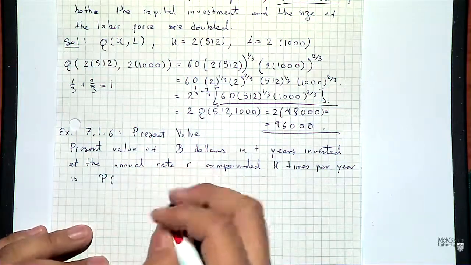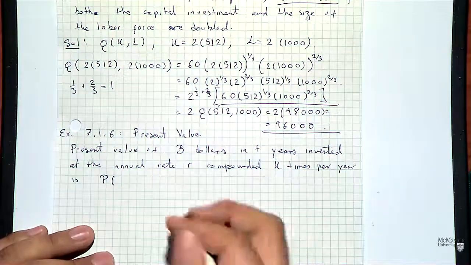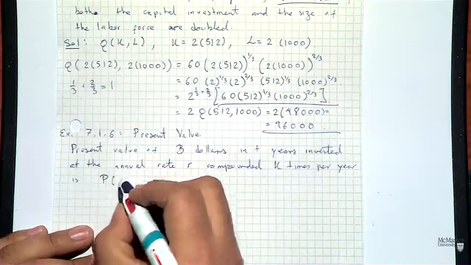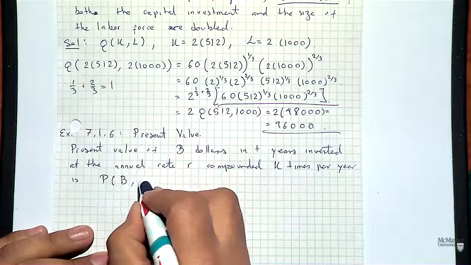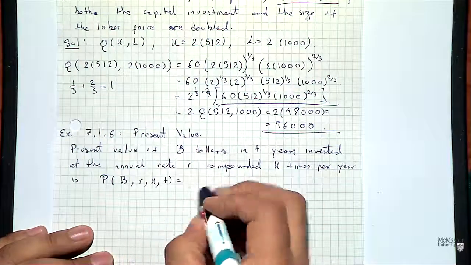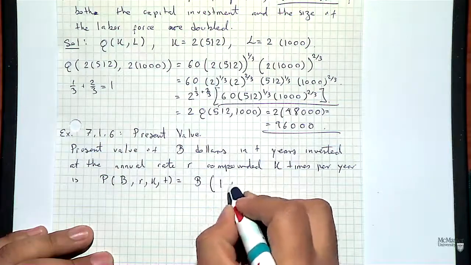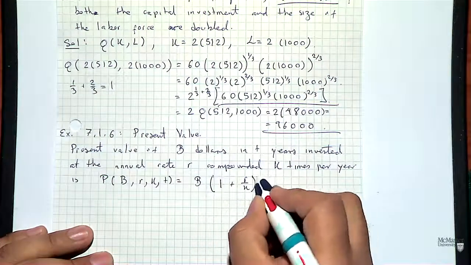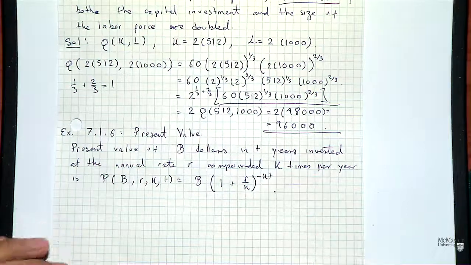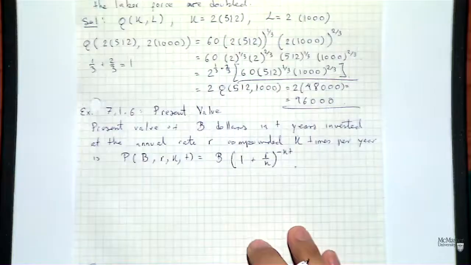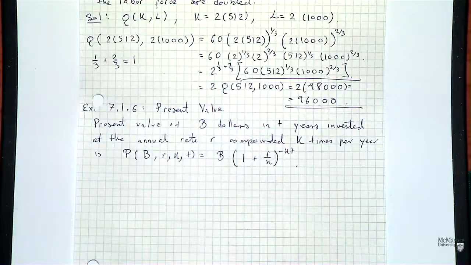So if you actually include the parameters as independent variables, then you have P, which is a function of B, of R, of K, and of T, as B times 1 plus R over K to the minus KT. So this is a function of 4 variables, like this present value computation.